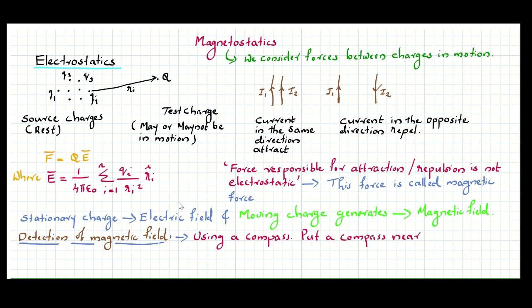You can determine the direction of the magnetic field using a compass. Just put a compass near a current carrying wire.